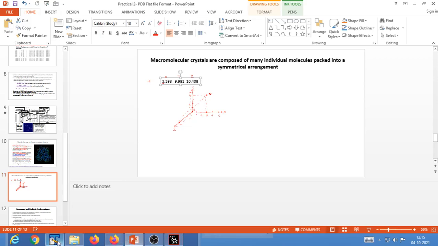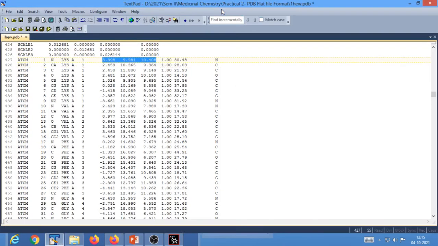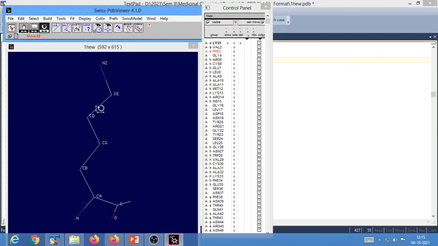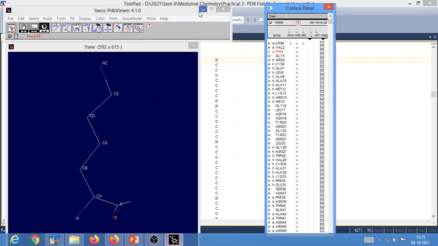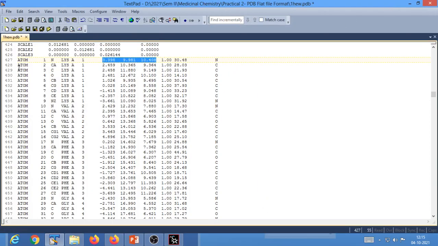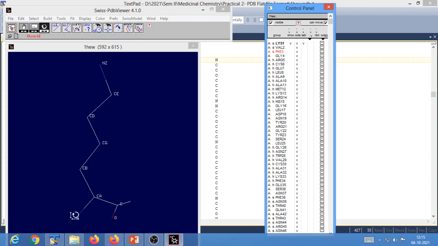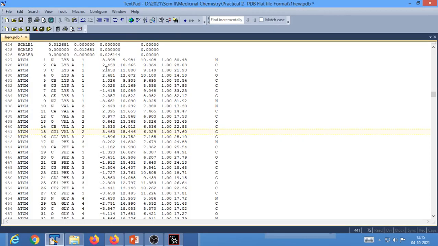For the sake of simplicity, imagine that visualization software like SPDBV, which we have already used, reads this information line by line. It starts with the first atom, nitrogen, reads its x, y, and z coordinates, and appropriately places a blue dot as per the data in these three coordinates.